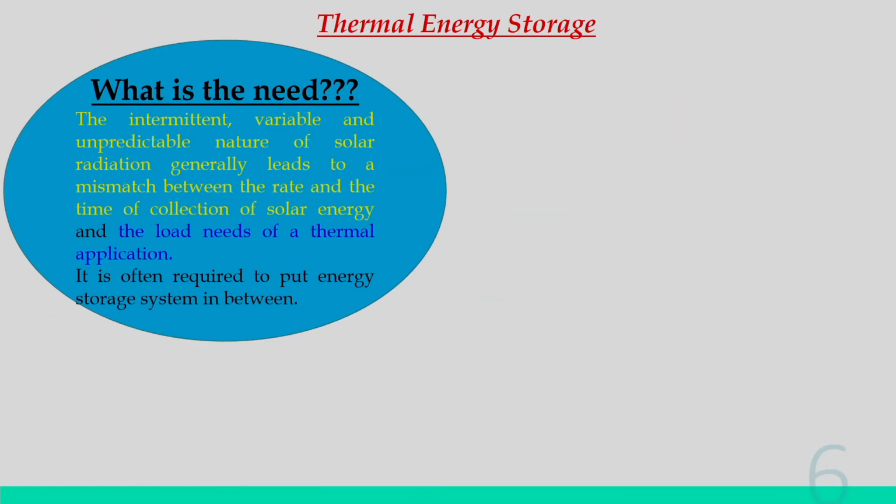So what is the need of this thermal energy storage system? As you have understood the background, now we will specifically study thermal energy storage. As you can understand from the previous curves, the intermittent, variable and unpredictable nature of solar radiation generally leads to a mismatch between the rate and the time of collection of solar energy and the load needs of a thermal application.